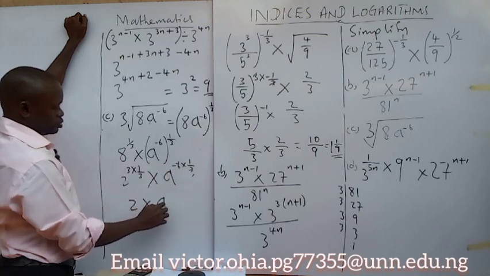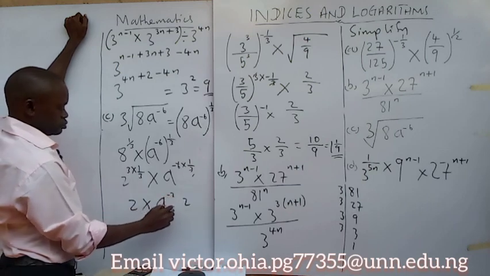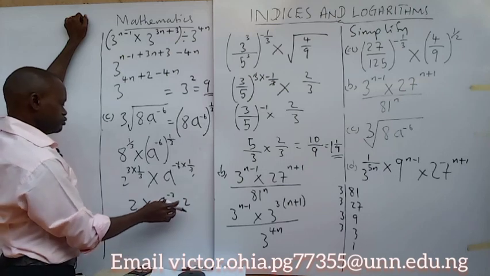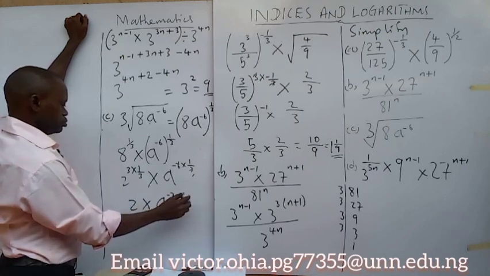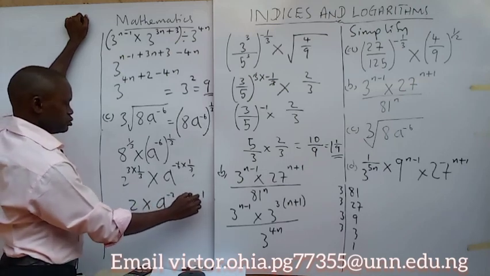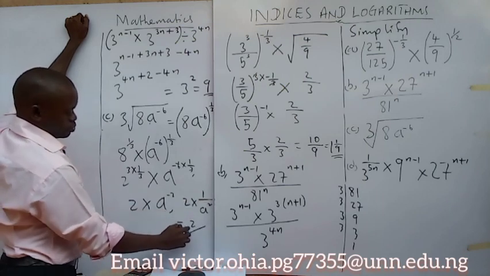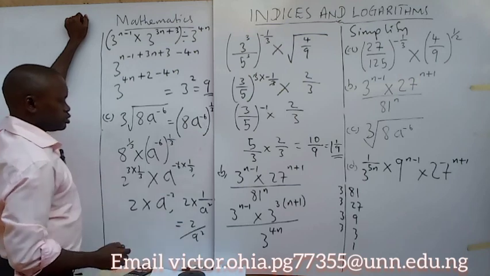So we have a raised to the power minus 2. So what do we have here? We have 2 multiplying this, which is now 1 over a squared. So finally, our result is 2 over a raised to the power 2.